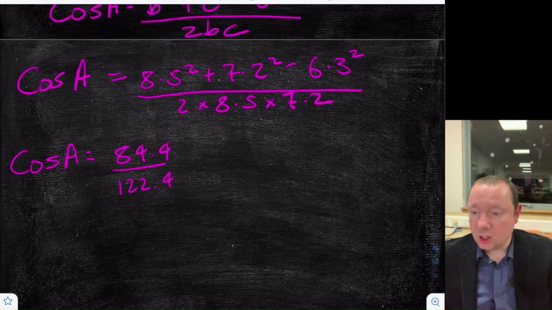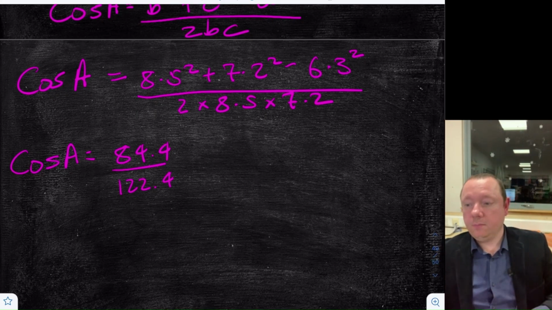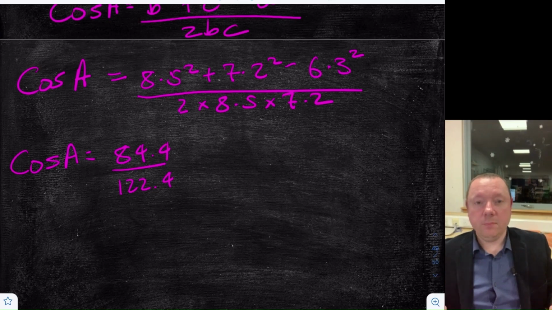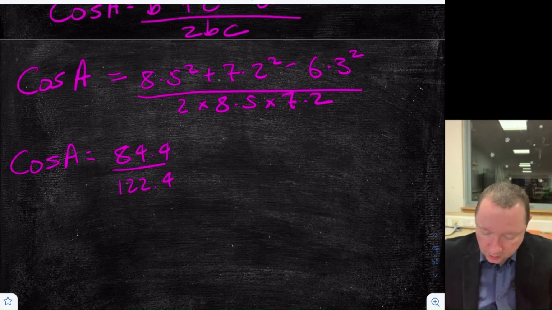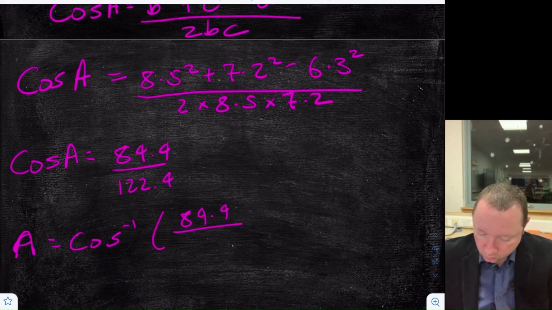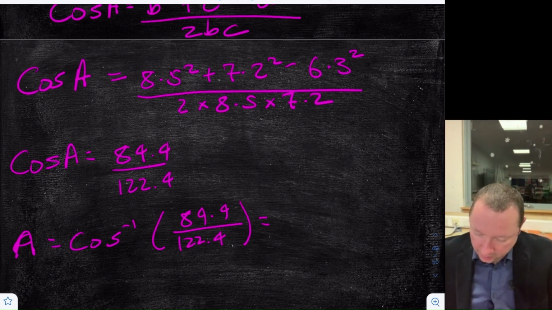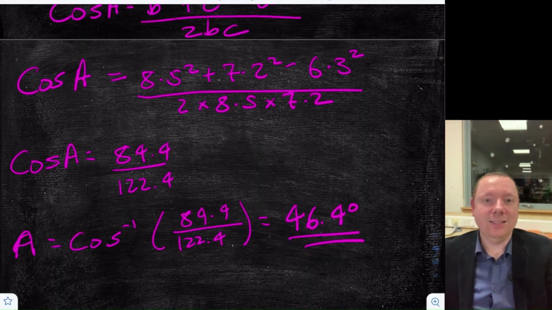At this stage, you can either just divide them to get 0.689 or do the inverse cos of that fraction. It doesn't really matter what you do. And that means that A equals the inverse cos of 84.4 over 122.4. In a calculator, you get A is 46.4 degrees for your final answer.